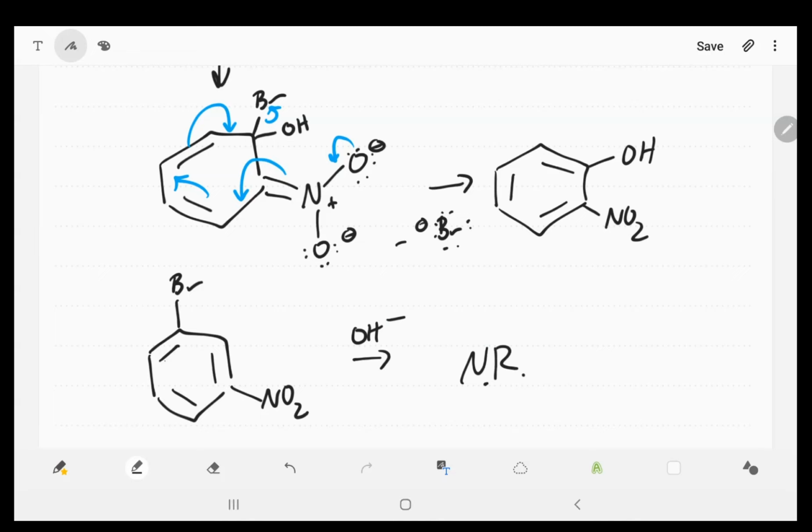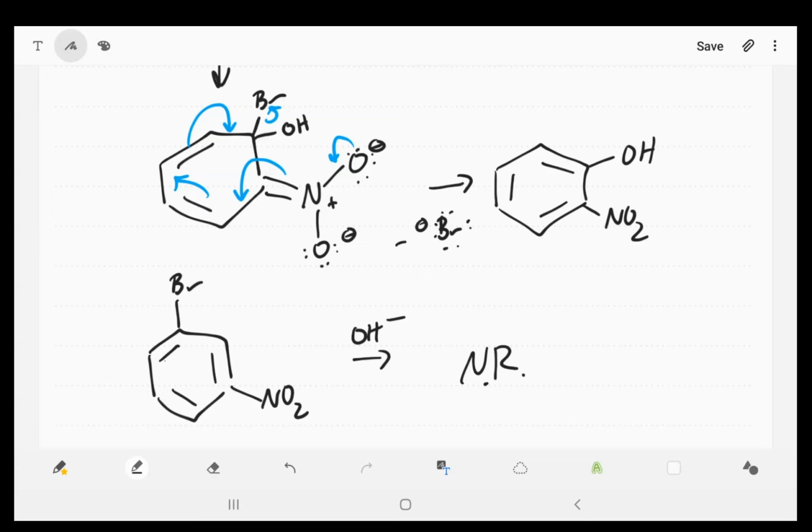The reason that we're allowed to do this is because the ortho and para positions will allow us to resonate onto the nitro group or our ketone or whatever. It'll allow us to show those electrons moving away from the site of attack. But with the nitro on a meta position relative to the bromine, it's not going to work because you can't resonate it that way. If you try, it's just not going to work.